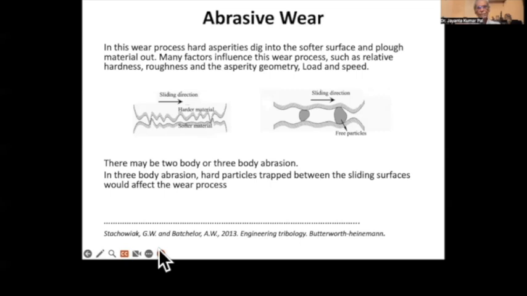This is why it is sometimes called plowing wear, and plowing friction also. As it plows out, some material will be produced as wear debris, and they will look something like this.